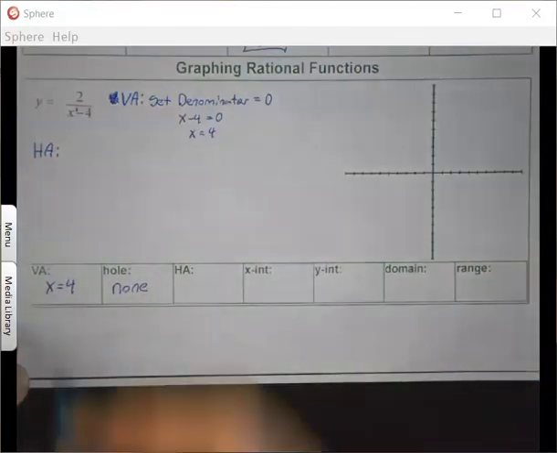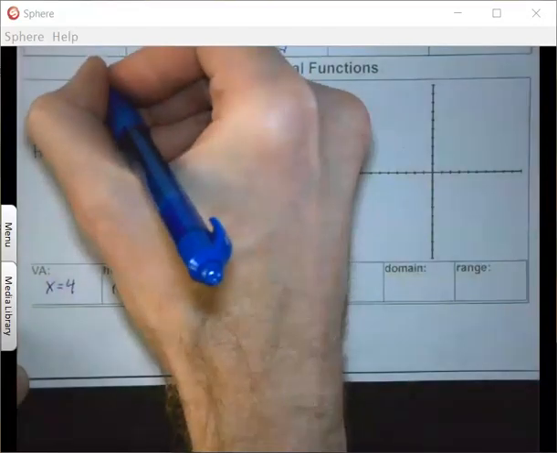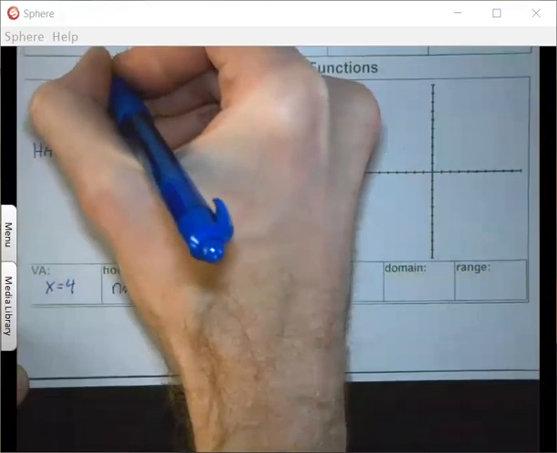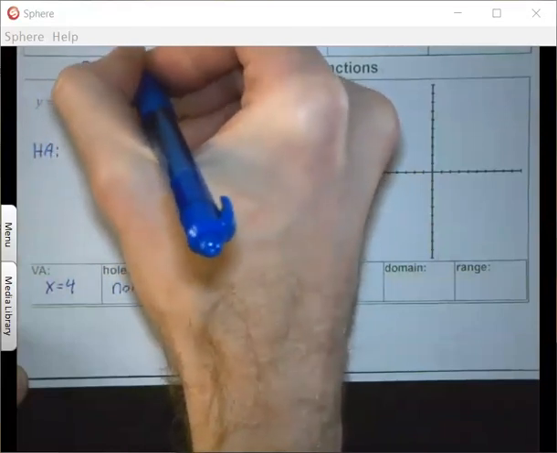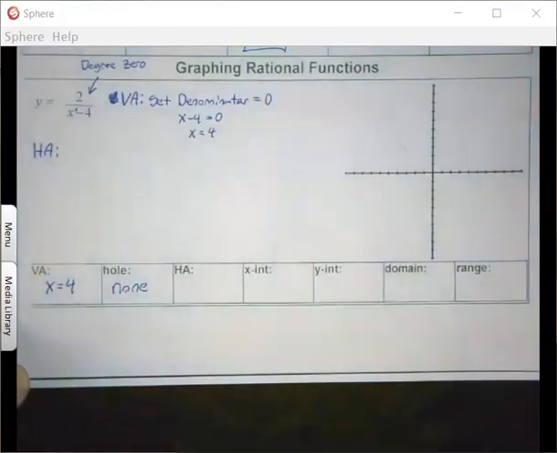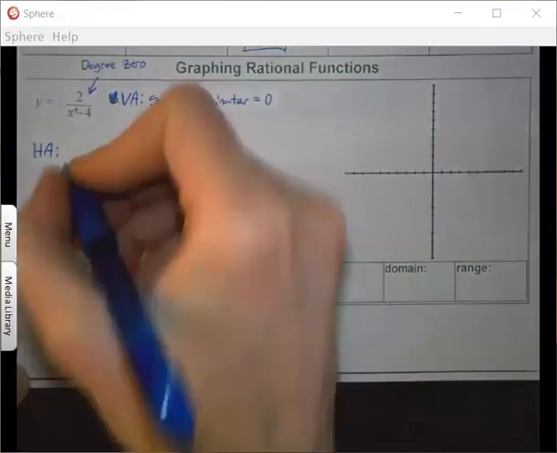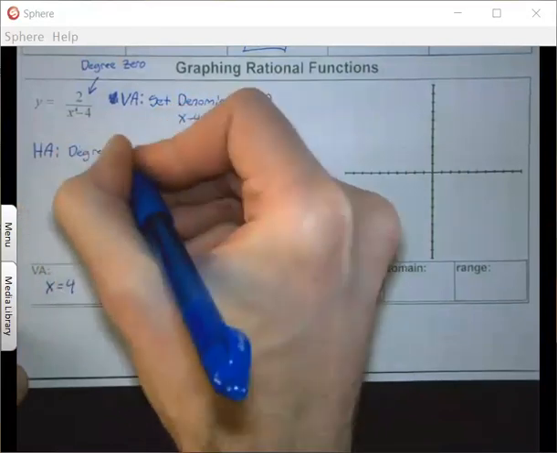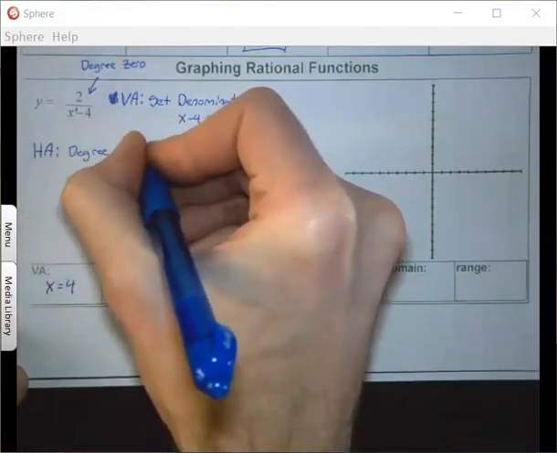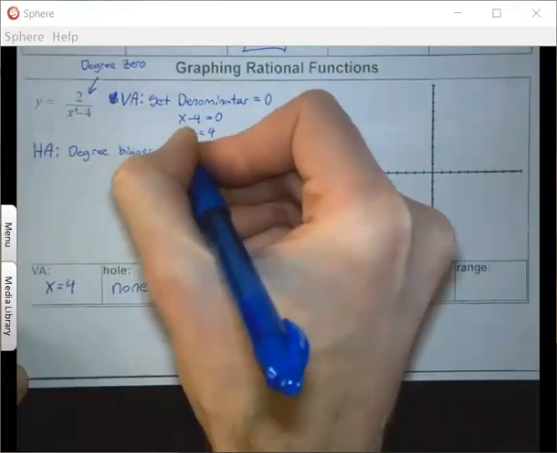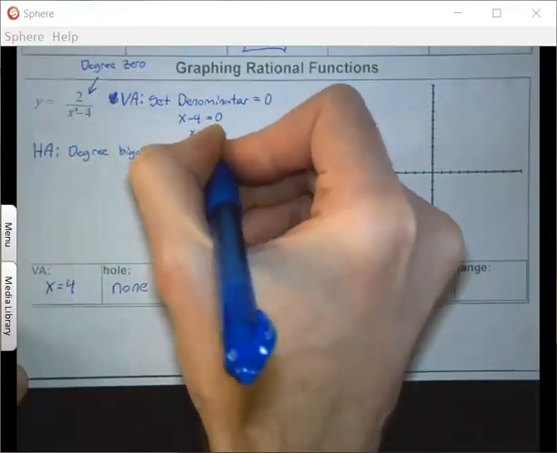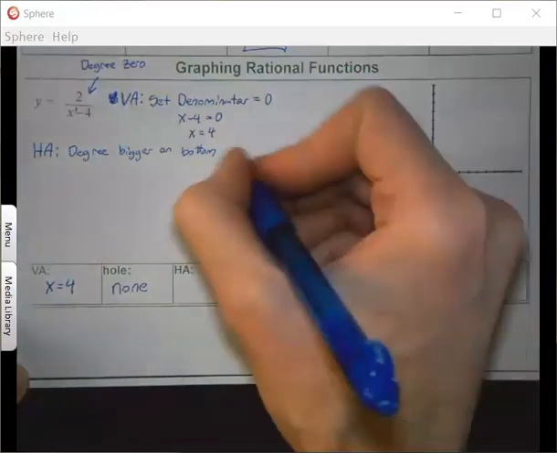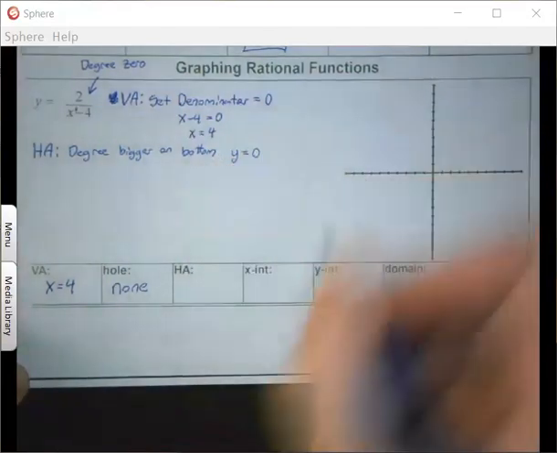When there is no variable, we can say it's degree 0. So in this case, our degree is bigger on the bottom. When the degree is bigger on the bottom, our horizontal asymptote is at y equals 0.